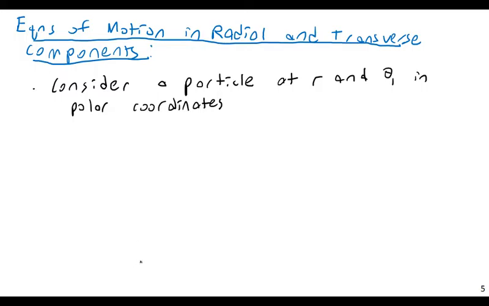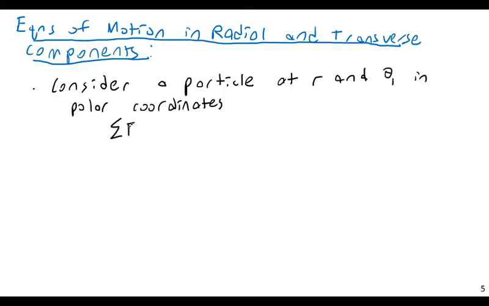If I look at the summation of forces, just like I did in the case of rectangular components, I can also set up equations of motion in polar coordinates. We will do the same sort of inertial diagram and force diagram system that we've used before.